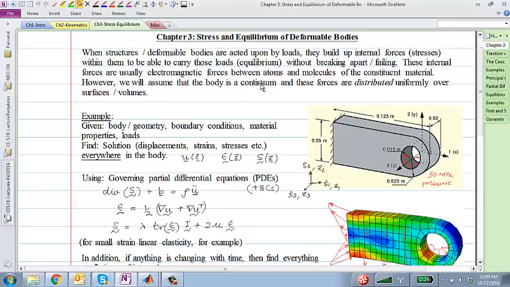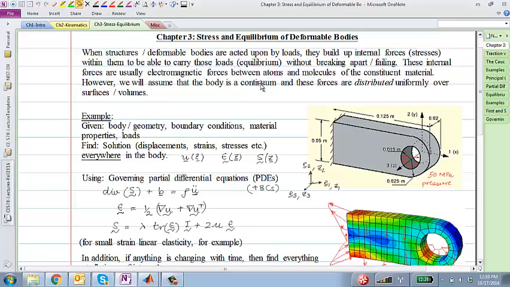If I imagine two different parts of the body, there are atoms and molecules and some material structure on the left half and another set of atoms and molecules on the right half. They interact with each other with electromagnetic forces, really, or forces of bond, right? They are at minute atomic scales that we are talking about. That's what keeps a material together.